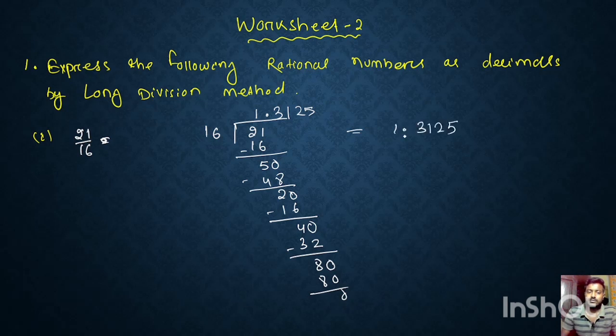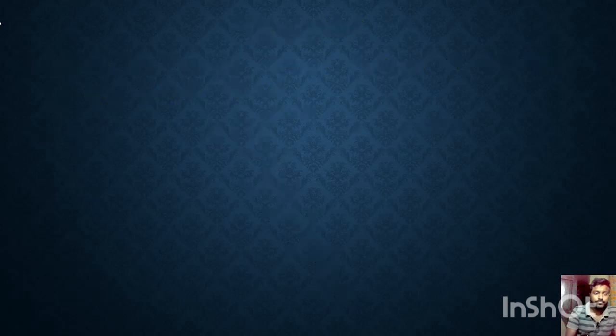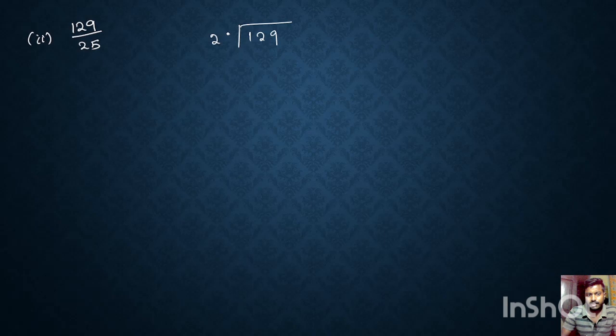1.3125. Now question number 2i, 129 divided by 25. Here we can solve by the long division method. So 129 divided by 25. So 25 5 ja 125.